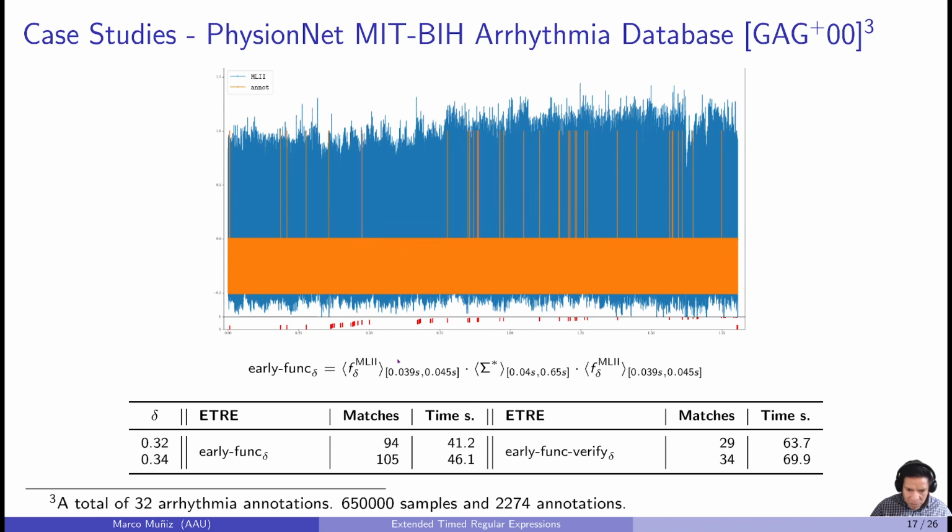When we look into this data, we will observe that here the patient has changed the activity. So maybe the patient has moved or is running. The heartbeats became much closer to each other, and therefore it matches the expression.